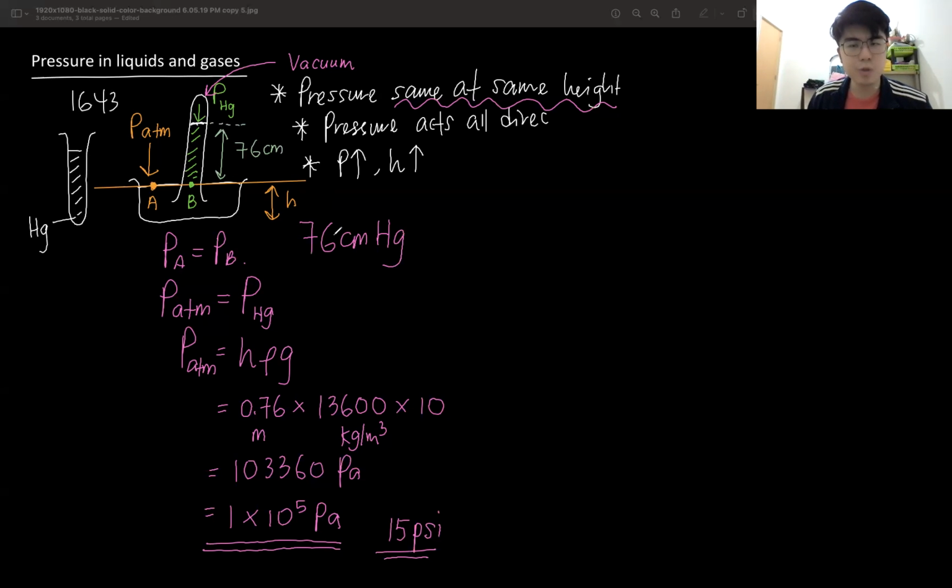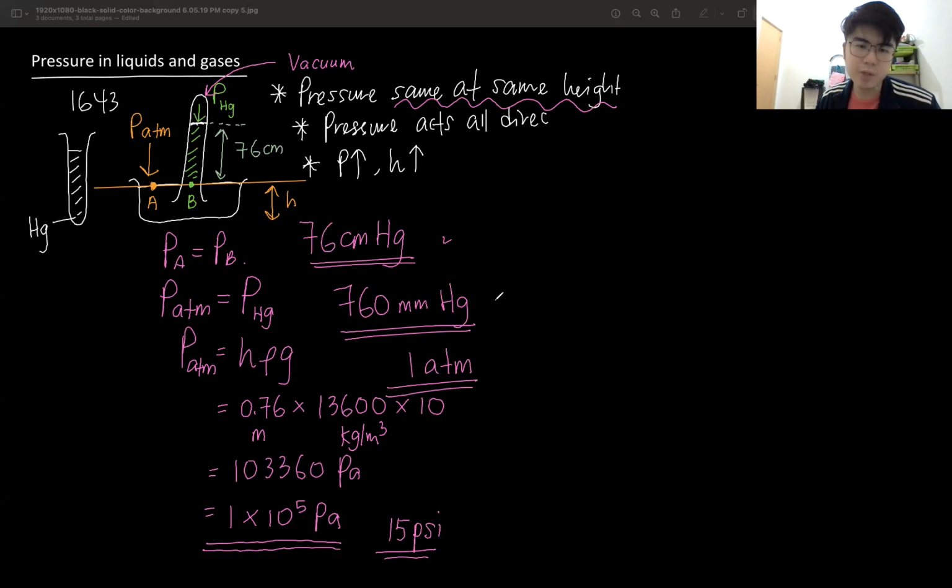So I can also write my atmospheric pressure as 76 cm Hg, no problem. And I can also write my atmospheric pressure as 760 millimeter mercury. Sorry, not silver, mercury. Like that. Okay, 760 millimeter Hg. Or there's another one, 1 atm.